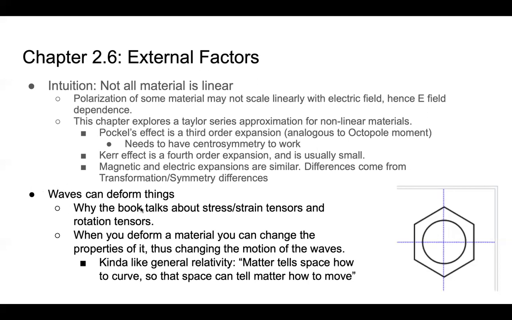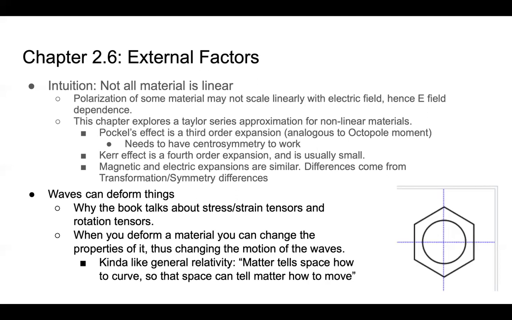And then another part talks about deformation, stress and strain tensors. Basically, waves can deform things, and by deforming things, you might make certain dipoles in the material closer to a certain point than they would be otherwise. And so you need to consider those effects too with the stress and strain of the material.